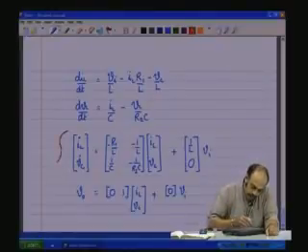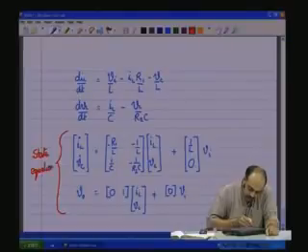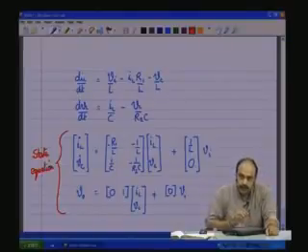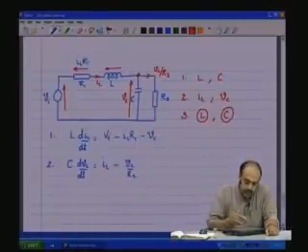So, now this is your state equation, which completely describes the circuit as shown in this figure.